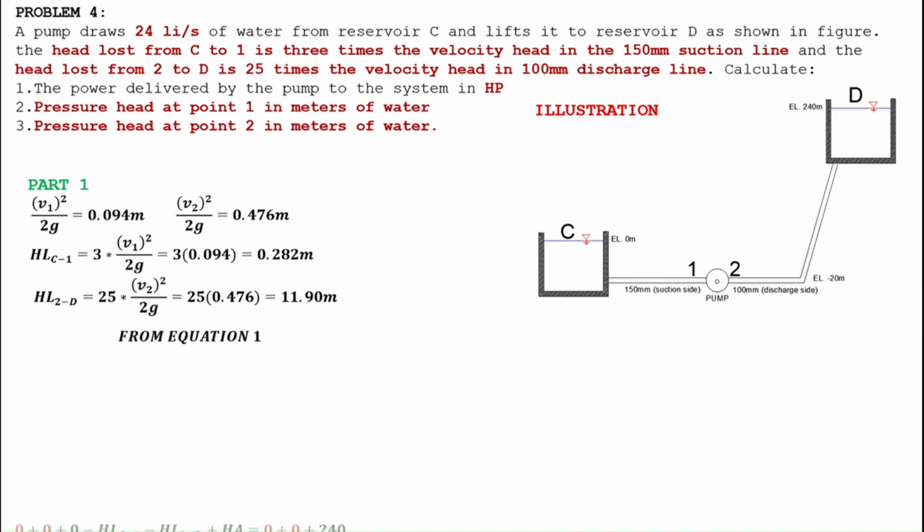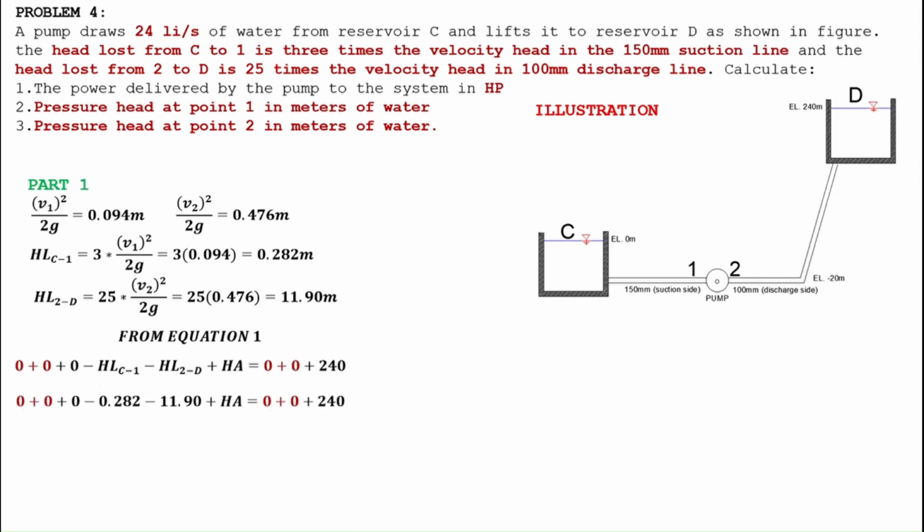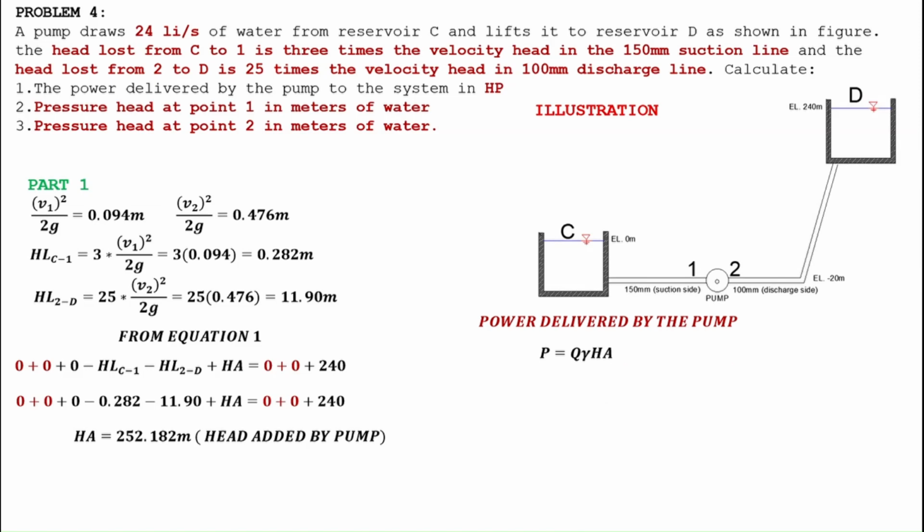Substituting these values to equation 1, we will get the value for the head added by our pump, which is equal to 252.182 meters. Now to get the power delivered by pump, we will use the formula. Power is equal to discharge times unit weight times head added by pump. Substituting values, we get power is equal to 0.024 cubic meters per second times 9,810 newtons per cubic meter times 252.182 meters.